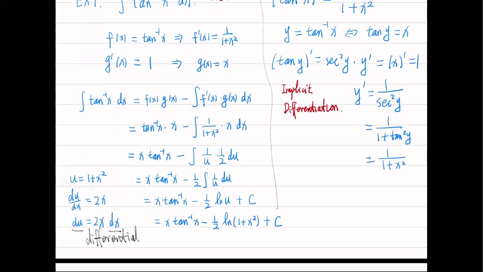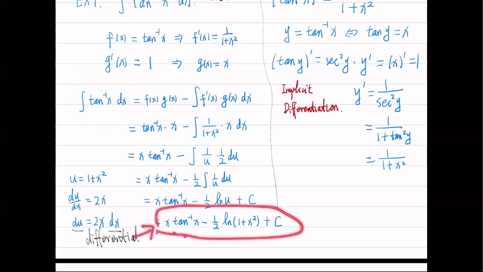You can see the indefinite integral of this arctangent is quite complicated. You have this part and a kind of unrelated part. If this is correct, does this sound correct?